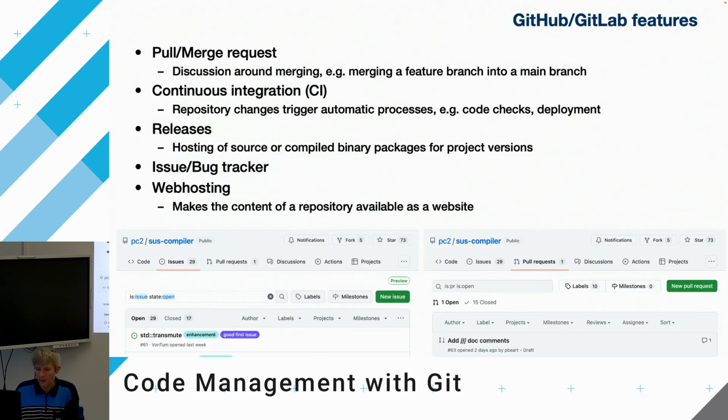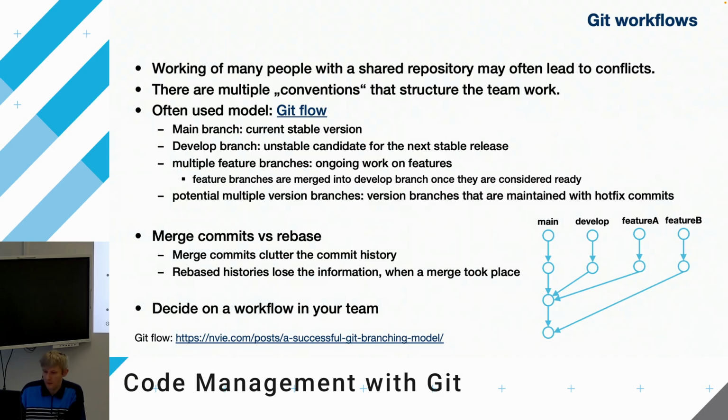So I've talked about this and all the nice features. There are different workflows with Git, or different models, if you collaborate with many people, of what you should put where, in what branches and so on.